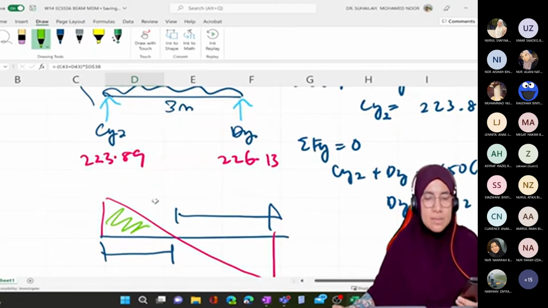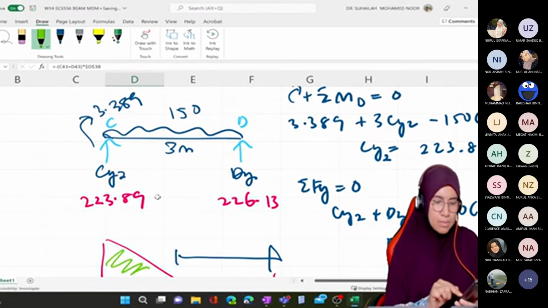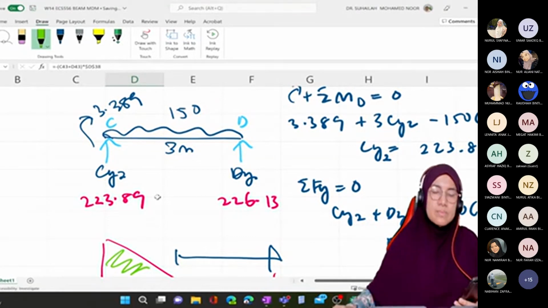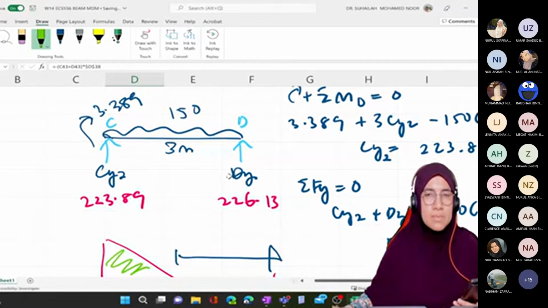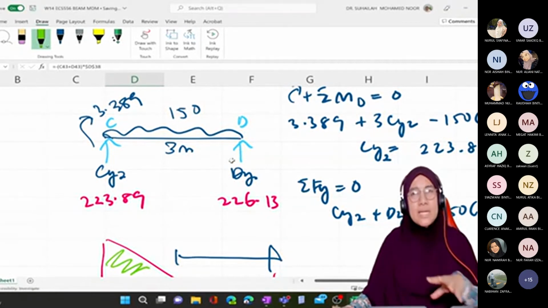How to get the distance? No idea. Okay, the distance.